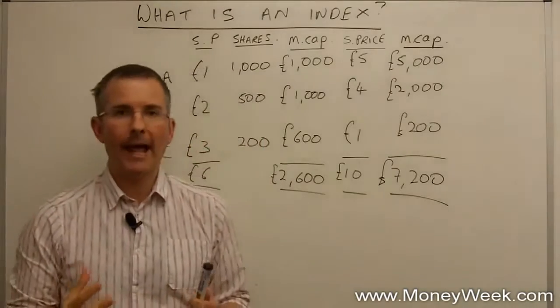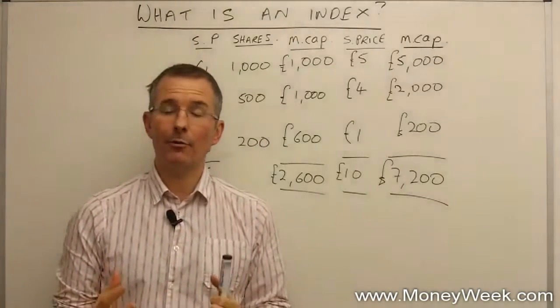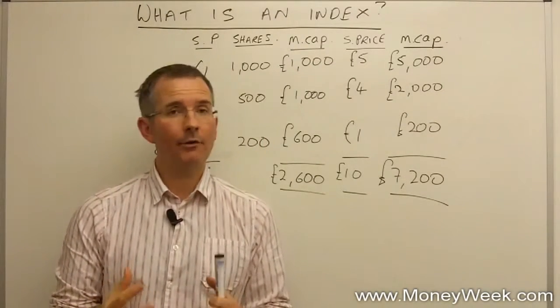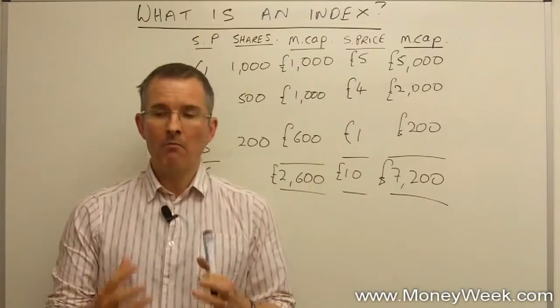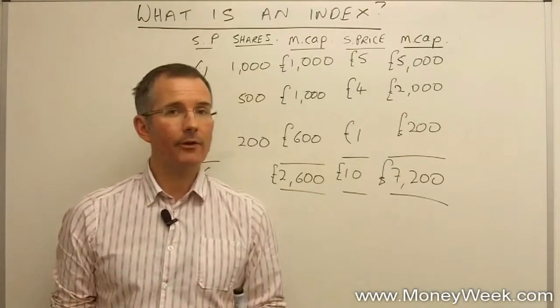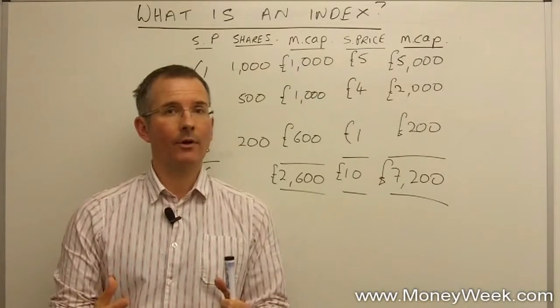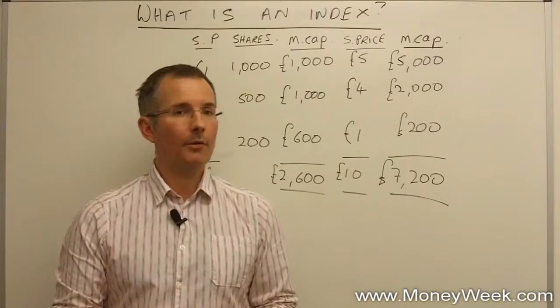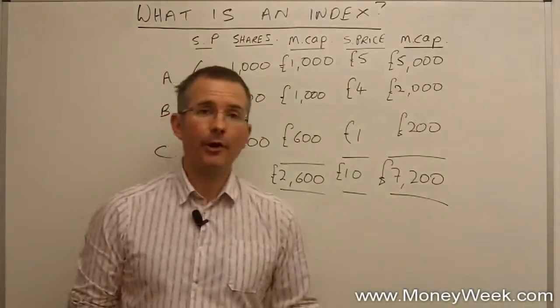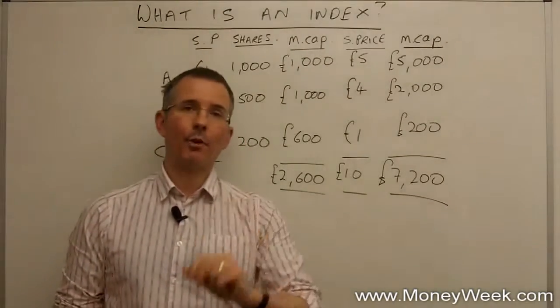Well, here's the question. How do I put an index together that shows the performance of these companies over time? There isn't one answer to that question. Most indices, like the UK indices, work off market capitalisation. They say you want to size-weight the indices. So what I would do is this. The FTSE 100 started back in the 1980s at 1,000 points.